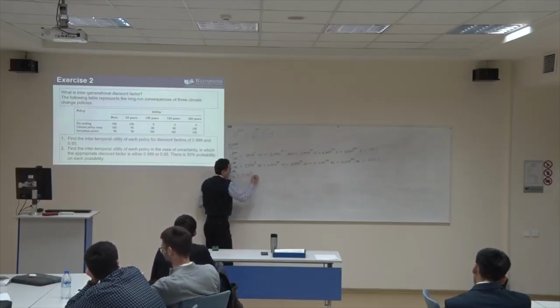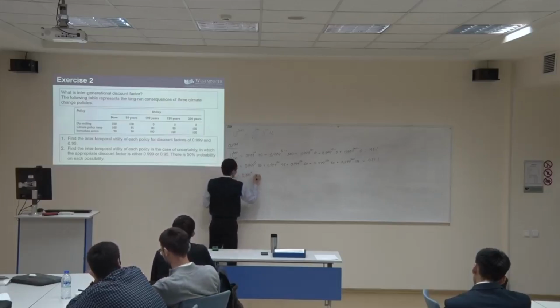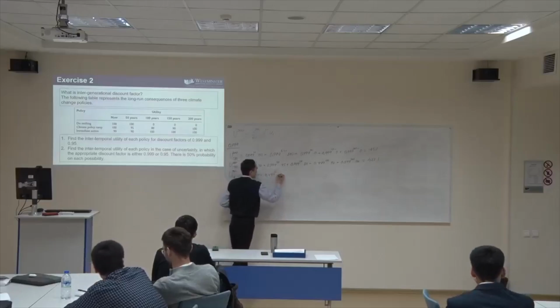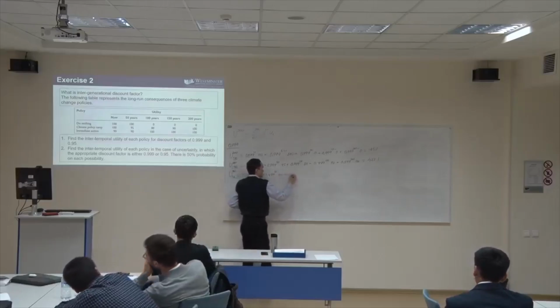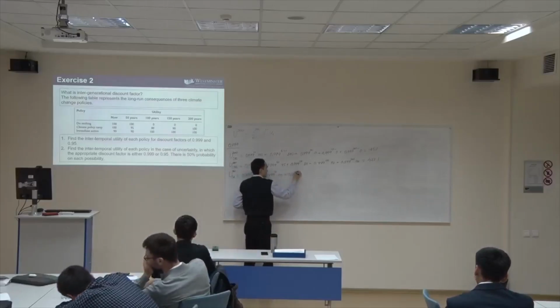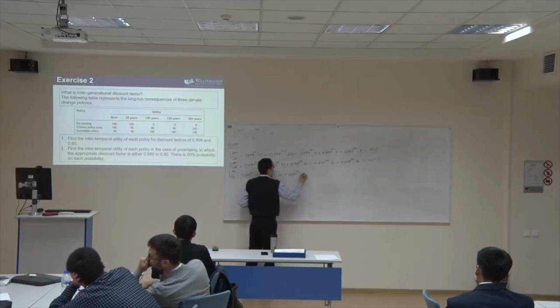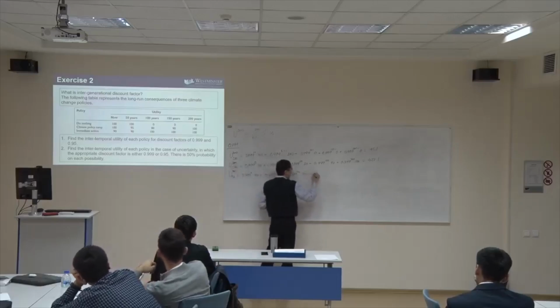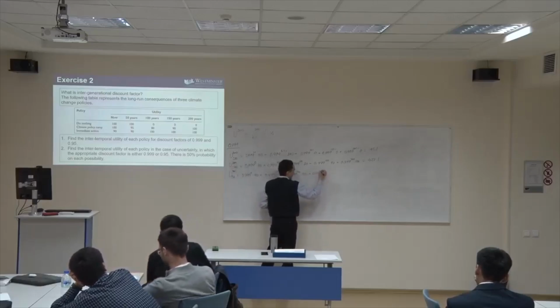0.999 to the power of 0 times 90, plus 0.999 to the power of 50 times 90, plus 0.999 to the power of 100 times 100, plus 0.999 to the power of 150 times 100.